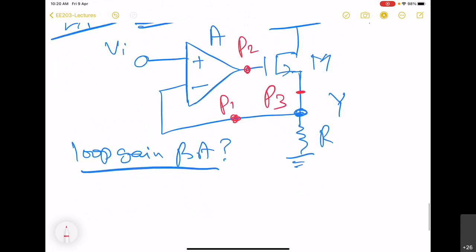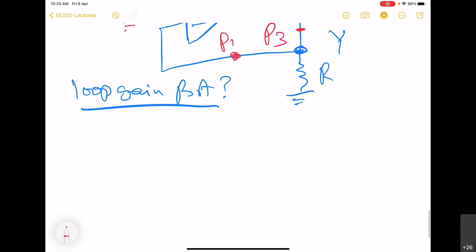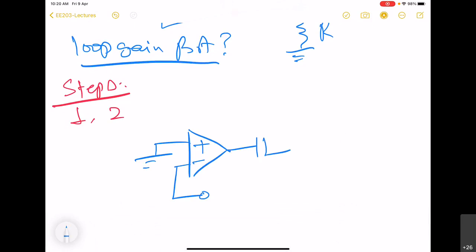So in step 1, we will get rid of this input by short circuiting it. So step 1 and step 2. When we execute, we get this circuit. So here we have broken it.